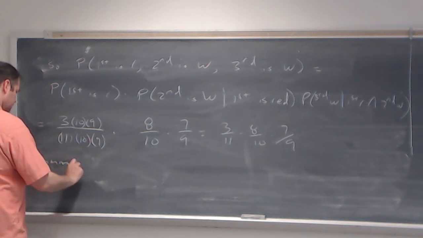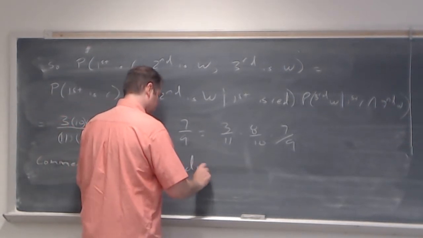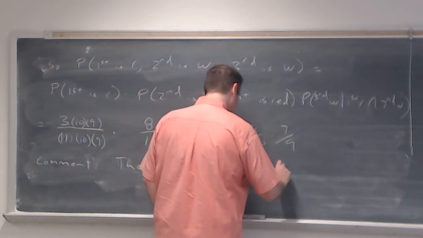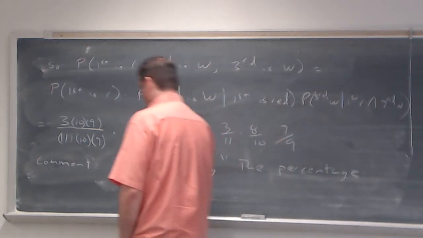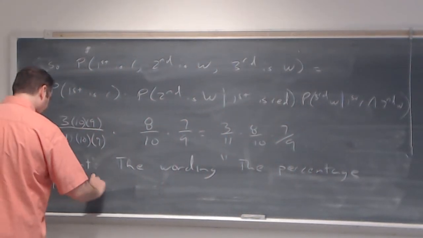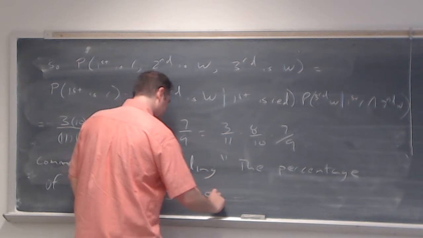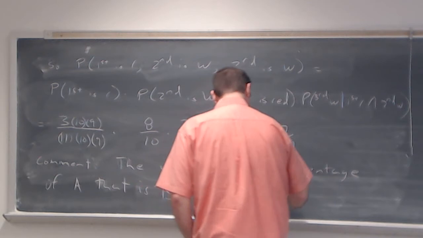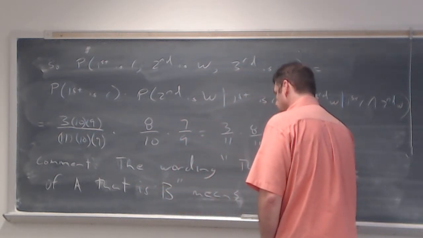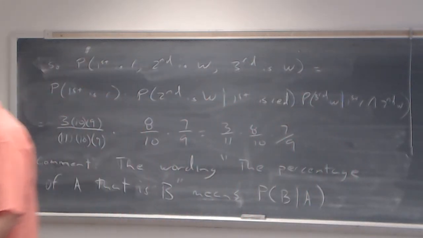As a comment, the wording "the percentage of A that is B" means, or indicates, that you're finding the probability of B given A. That's what that indicates.